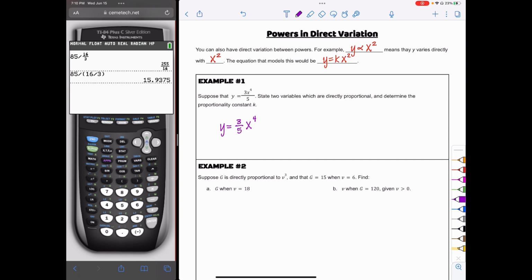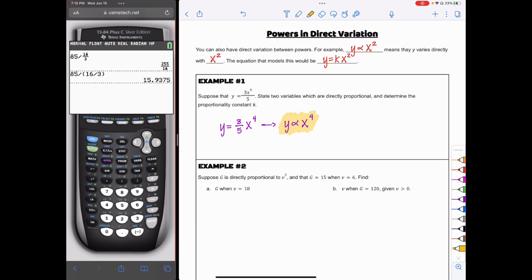So now when you start thinking about the constant of proportionality, or K, I'm going to rewrite this as Y varies directly as X to the fourth here. That's going to be the two variables that are directly proportional.